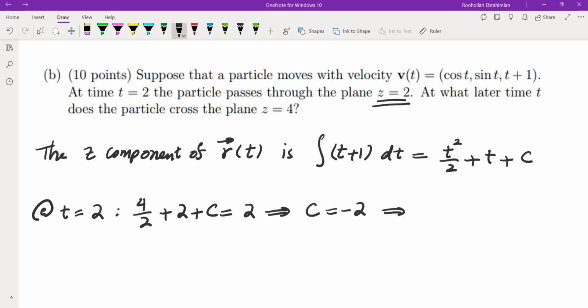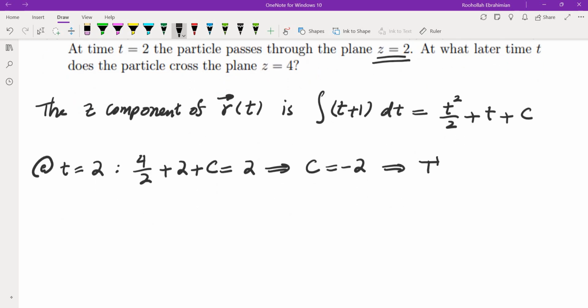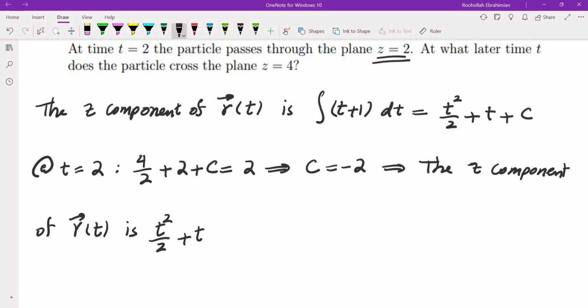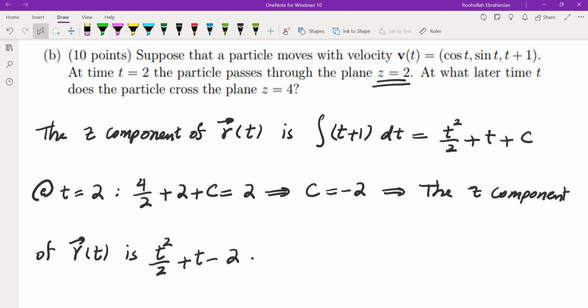So this means the z component of r of t is going to be t squared over 2 plus t minus 2. Now they said at what point does it cross z equals 4? At what later time?